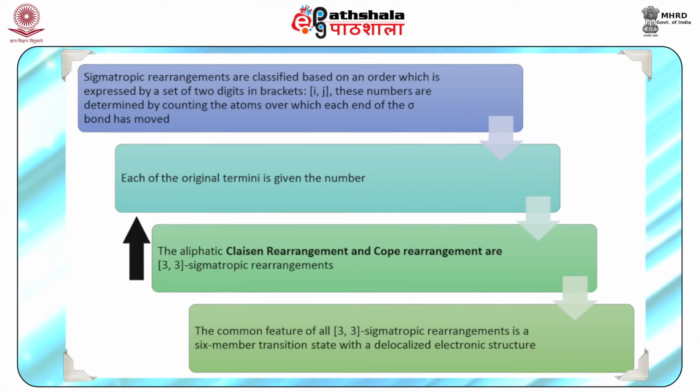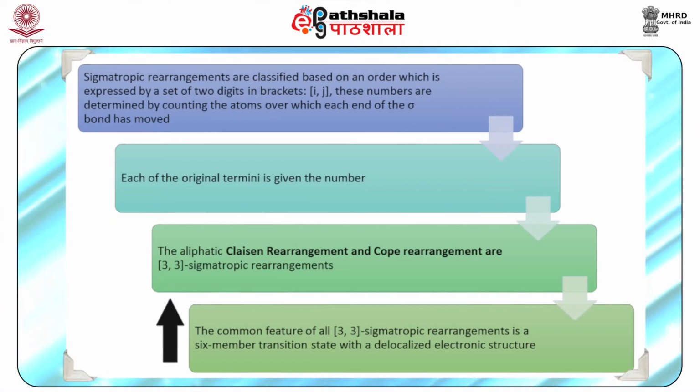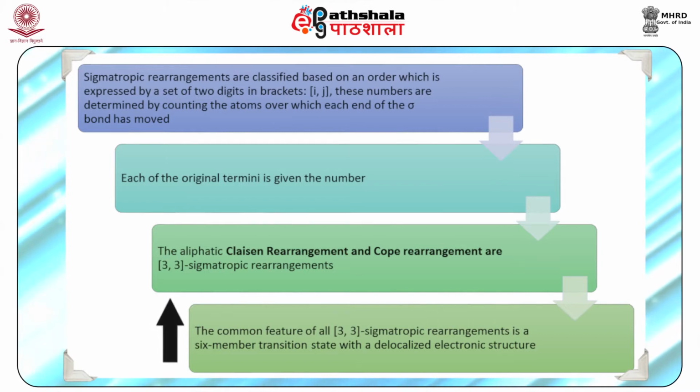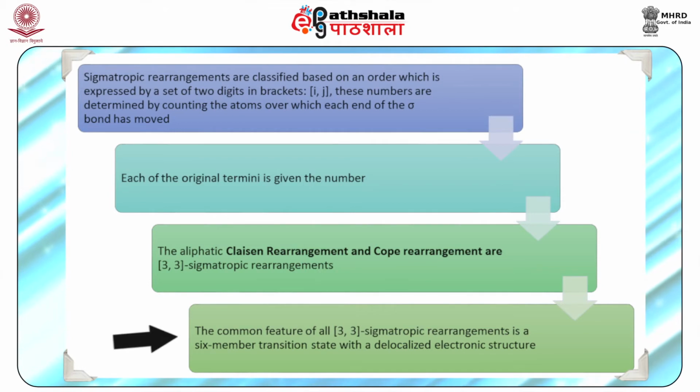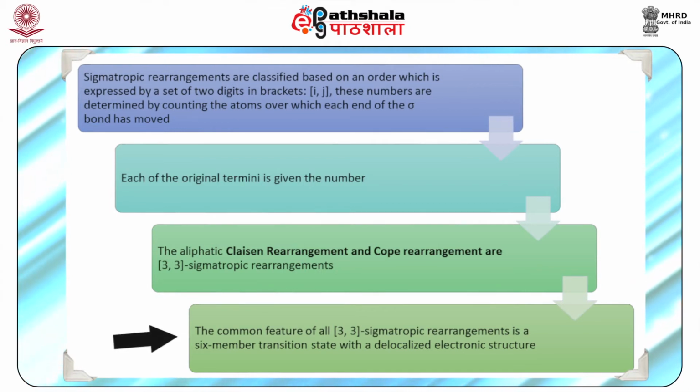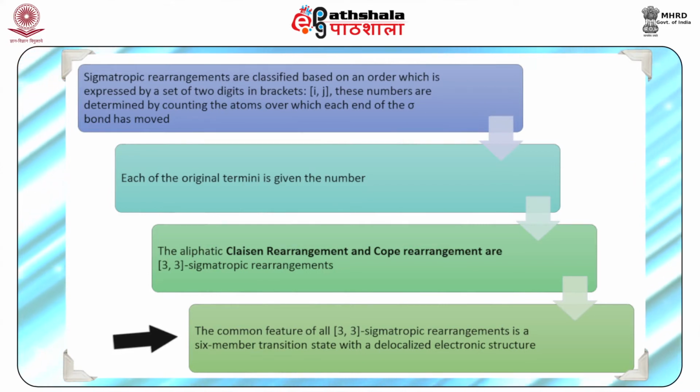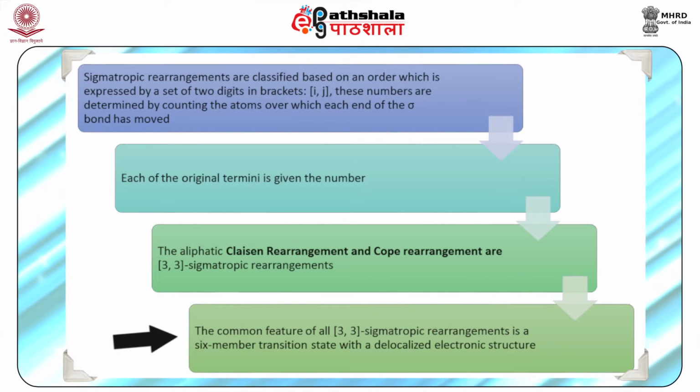Each of the original termini is given the number 1. The aliphatic Claisen Rearrangement and Cope Rearrangement are 3,3 sigmatropic rearrangements. The common feature of all 3,3 sigmatropic rearrangements is a 6-member transition state with a delocalized electronic structure.